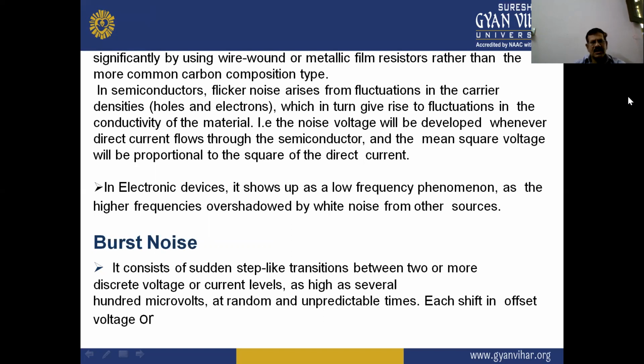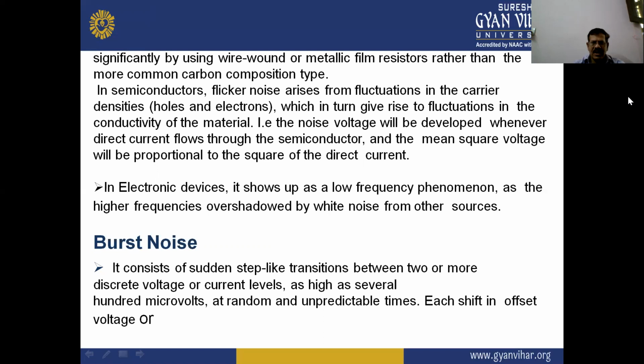In semiconductors, flicker noise arises from fluctuation in the carrier density, holes or electrons, which in turn gives rise to fluctuation in the conductivity of the material. So the noise voltage will be developed whenever direct current flows through the semiconductor, and the mean square voltage will be proportional to the square of the direct current.